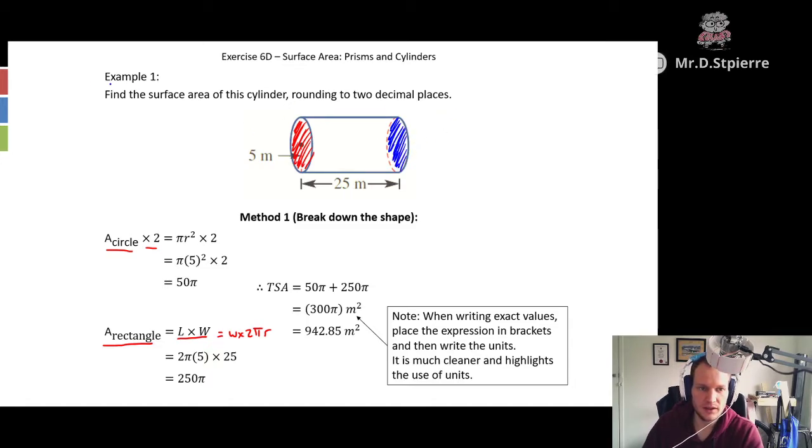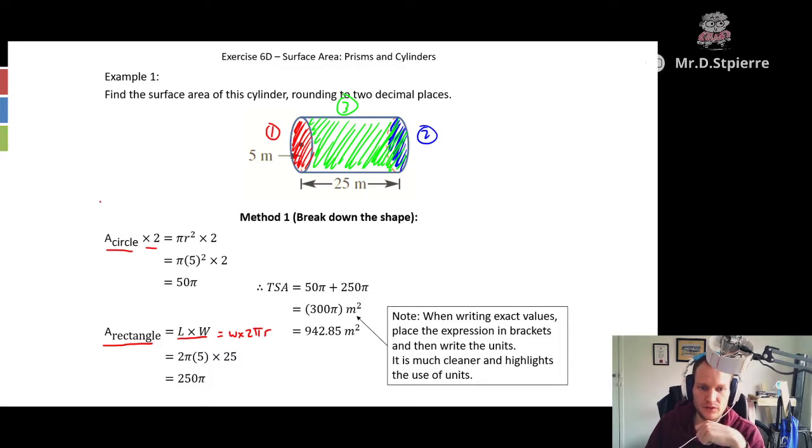So let's call this circle 1, and we'll call that circle 2. And then we also have the wrap that goes all the way around. We'll call the wrap 3.